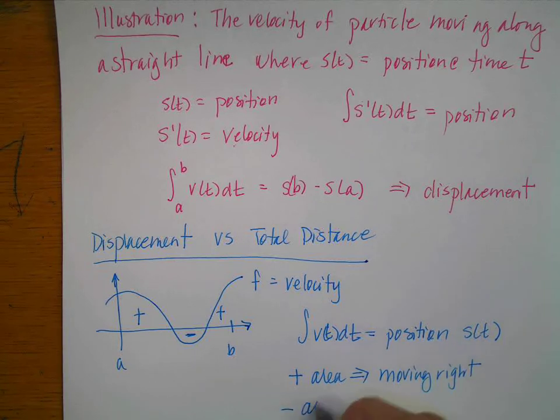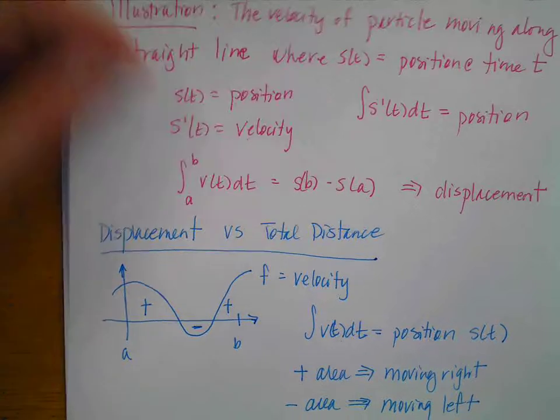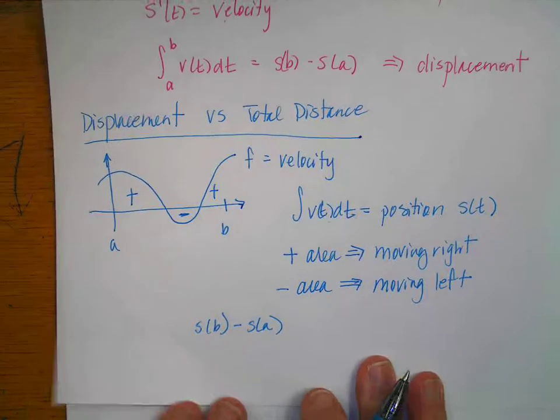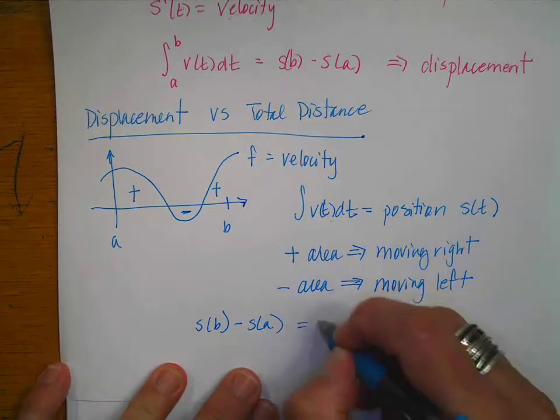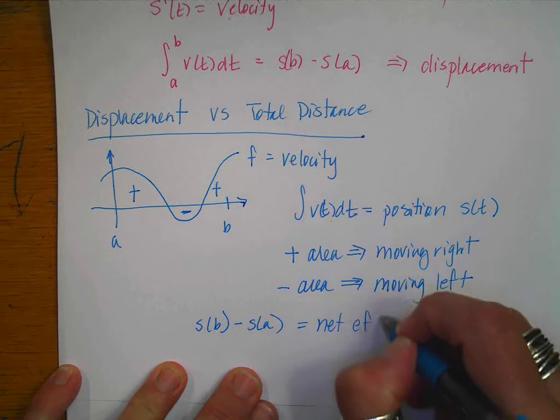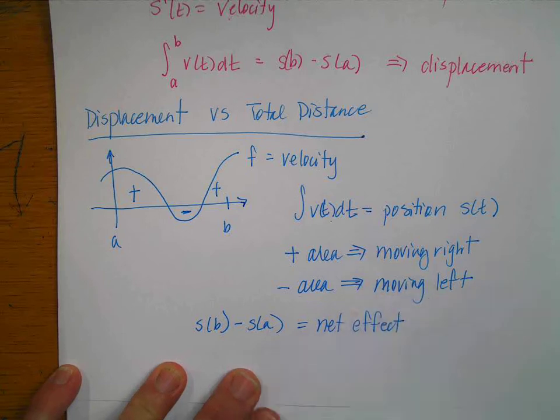Positive means I'm going to the right. If I have a negative area, that means I am moving to the left. So when I do an integral of velocity for position, and I do s of b minus s of a, then that means this is the net effect.